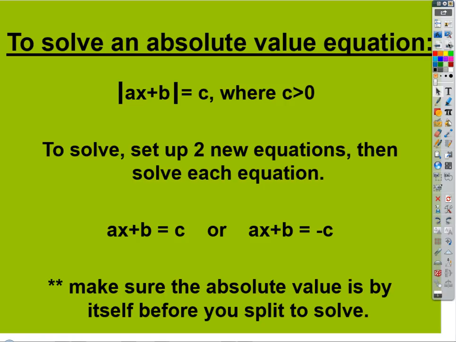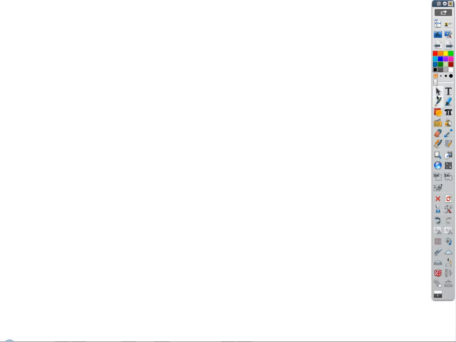So once we get it to look like the absolute value of ax plus b equals c, where c is some positive number, then we're going to trade that for either ax plus b equals positive c or it equals negative c. Those are both going to produce solutions, right? Make sense?